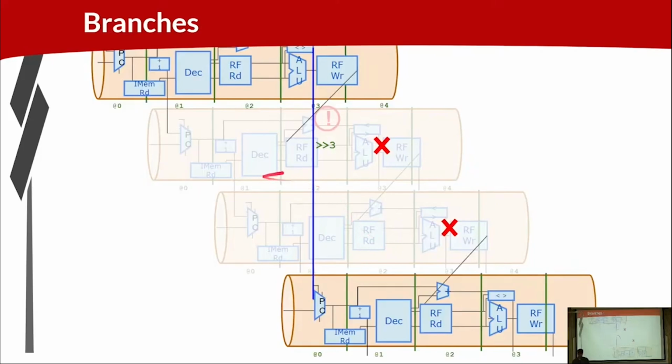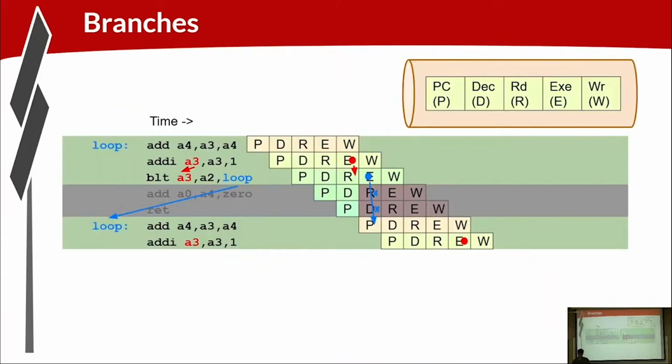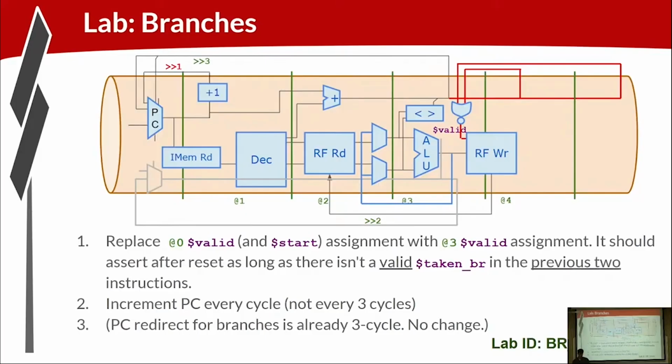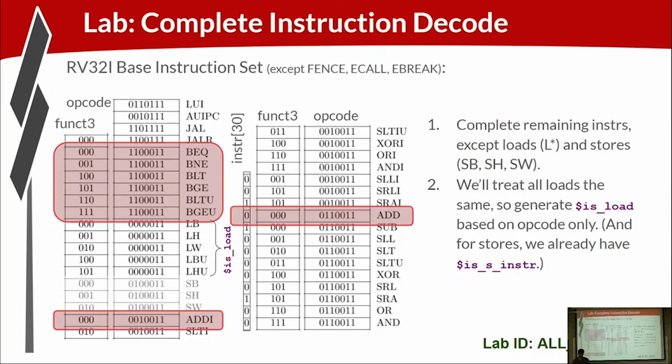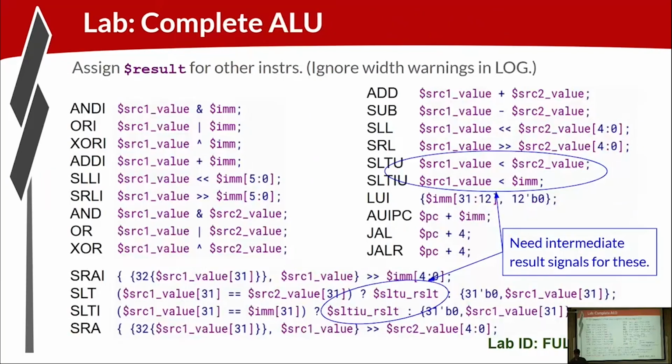Then we dealt with branches by creating the branch shadow for taken branches to give us this behavior. Then we changed our valid so that we could execute instructions every third cycle now that we have logic to address both hazard cases. That completed the control logic for our CPU, and then we filled out the CPU to add the remaining instructions.